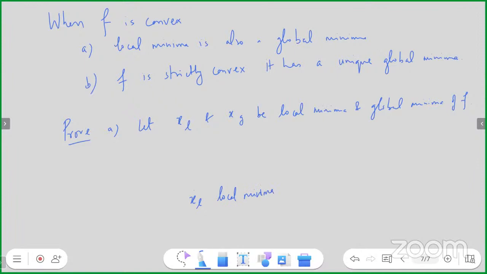Since f is convex, f of lambda times x_L plus 1 minus lambda times x_G will always be less than or equal to, it will always lie in between the chord joining.